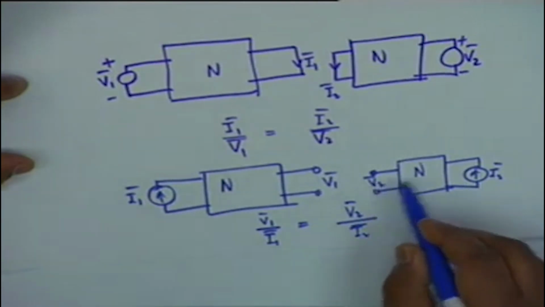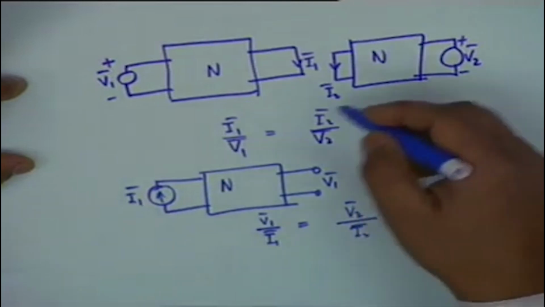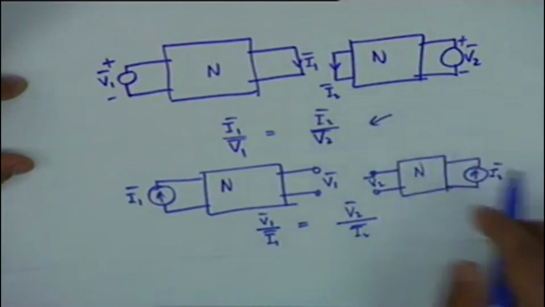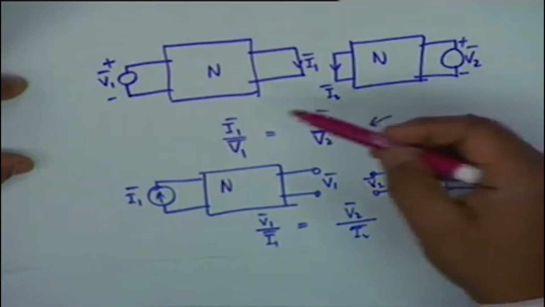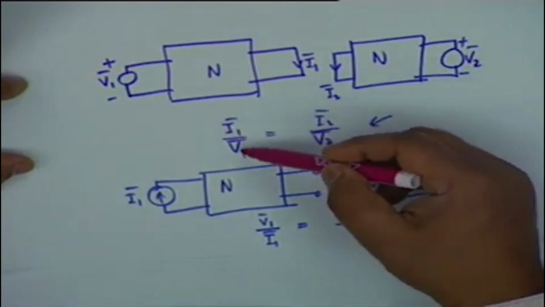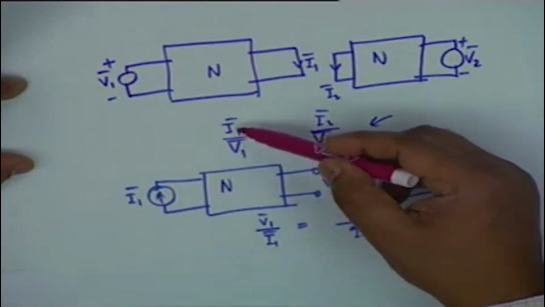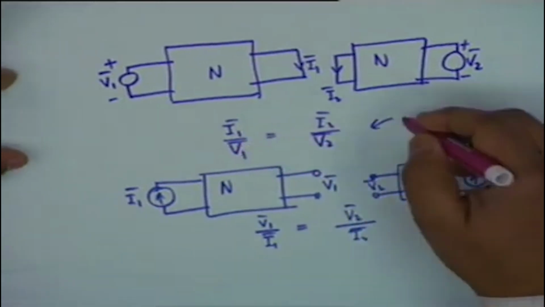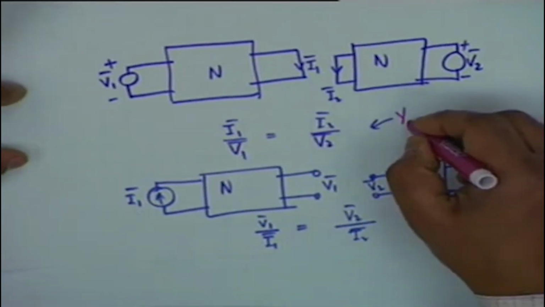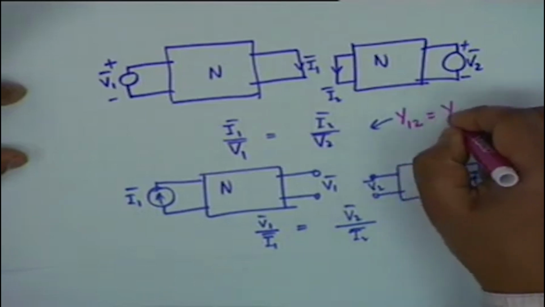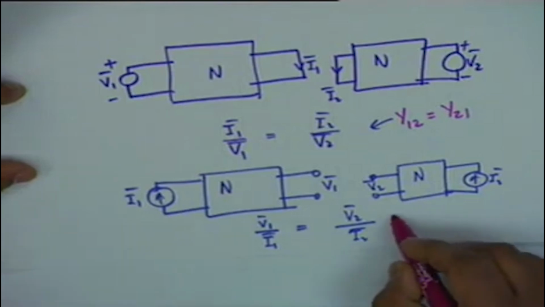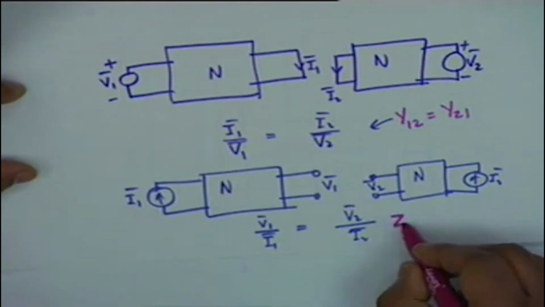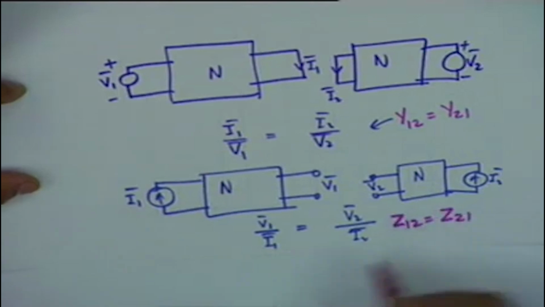If I characterize this in terms of transfer admittances, response is a current, excitation is a voltage, current to voltage is admittance, and current and voltage are at different ports, and therefore we say Y12 is equal to Y21. Then what should we call this? Transfer impedances. Z12 should be equal to Z21.